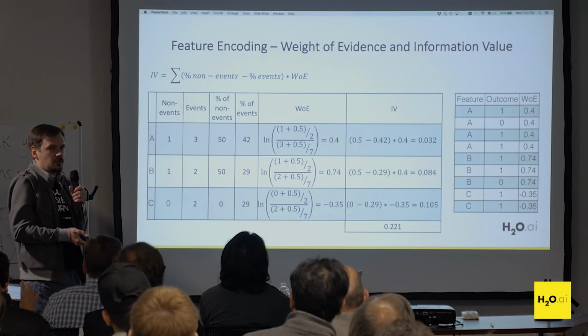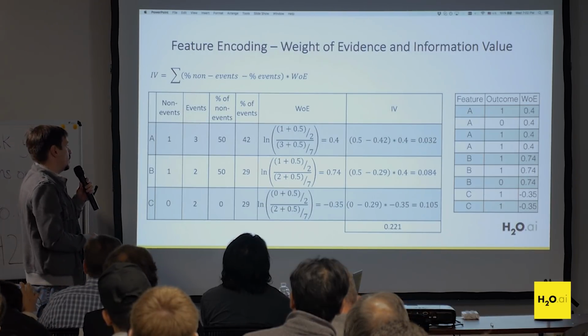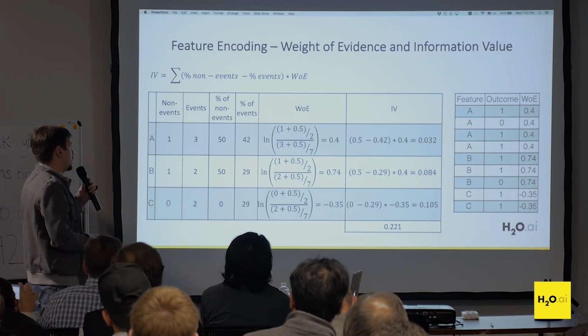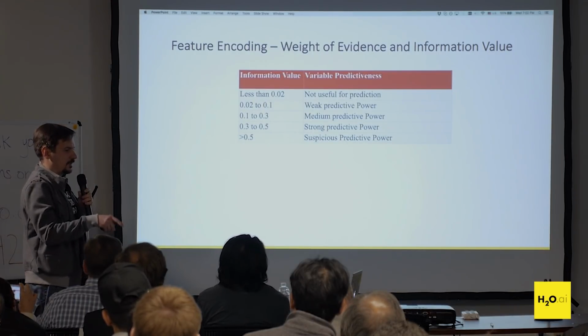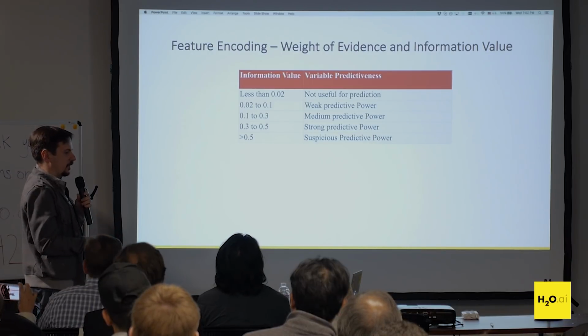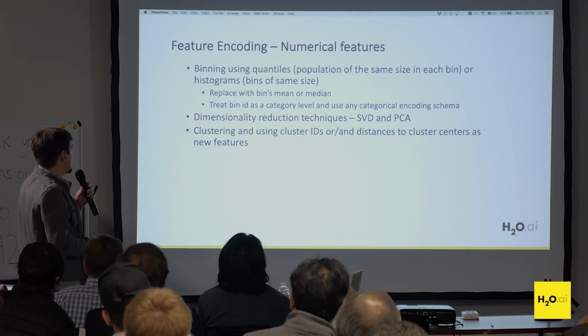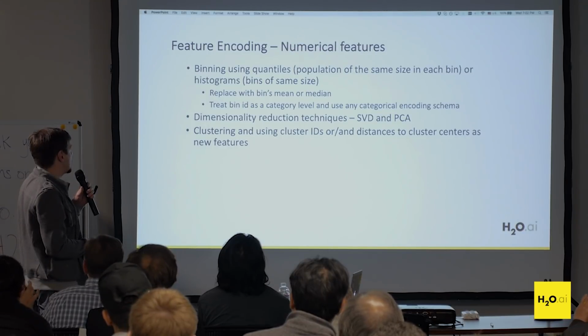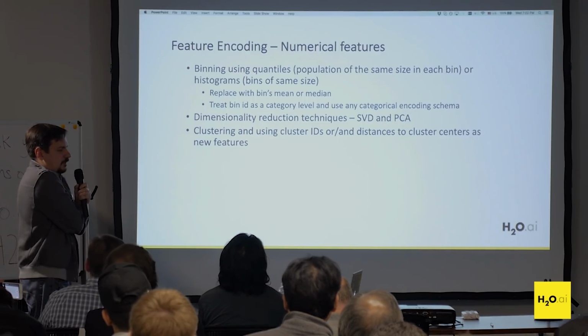They have exactly the same ratio inside, so why bother keeping them separate? This is extremely useful if you're trying to binarize and treat your numerical value as a categorical. The good thing about numerical features is that you can use them as they are, especially for tree-based models.